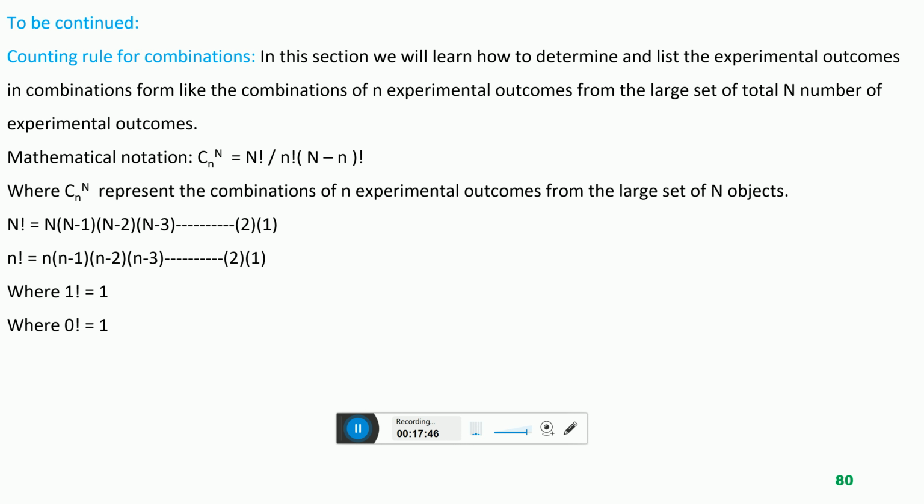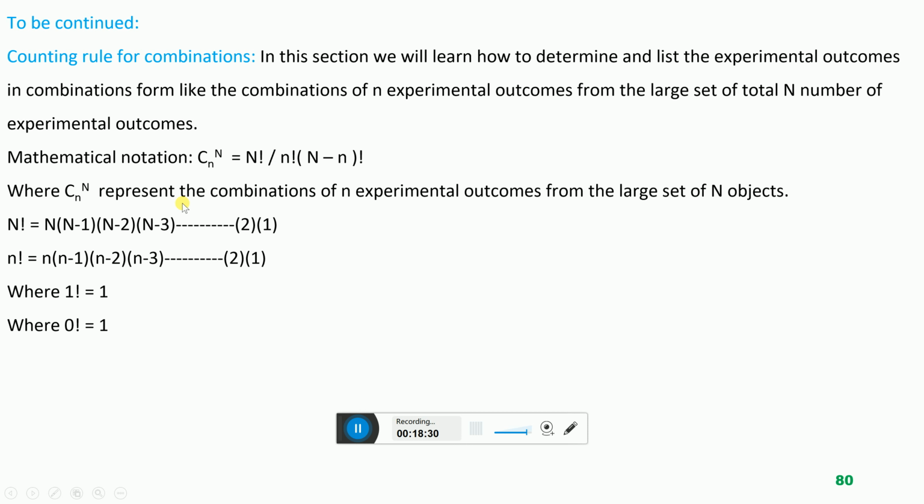This means we will choose small n combinations from the large group of items N, and this is the mathematical notation C N n. C represents combination, and this is the formula: N factorial divided by small n factorial times N minus n factorial, where capital N is the large group of items and small n is the combination that we will choose.